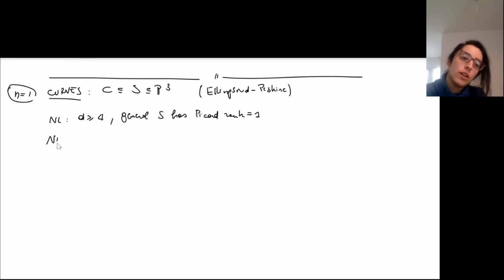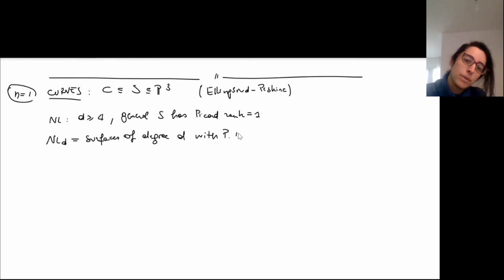So the Noether-Lefschetz locus of degree d is the surfaces of degree d with Picard rank greater or equal than 2.